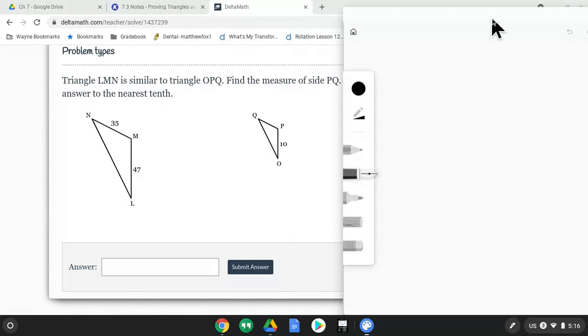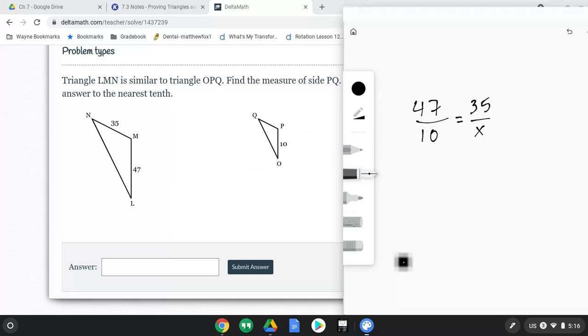So from here, we can set up, we said LMN, so LM, the 47, I'm going to put that over 10 because those two match up. I'm going to set that equal. Now the 35 will go over an X. I don't know what it is. That X is from right here. We don't know what side PQ is or QP, okay, this side.